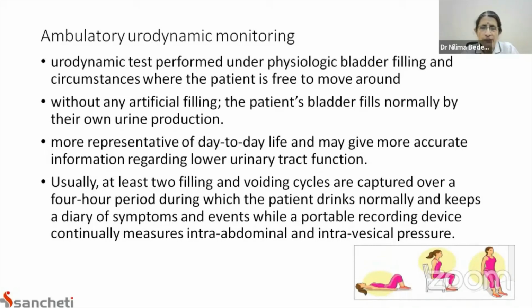It is done for at least 2 or 3 filling and voiding cycles, captured over a 4-hour period, during which the patient drinks normally and keeps a diary of symptoms and events, while a portable recording device continually measures the intra-abdominal pressure and vesical pressure.